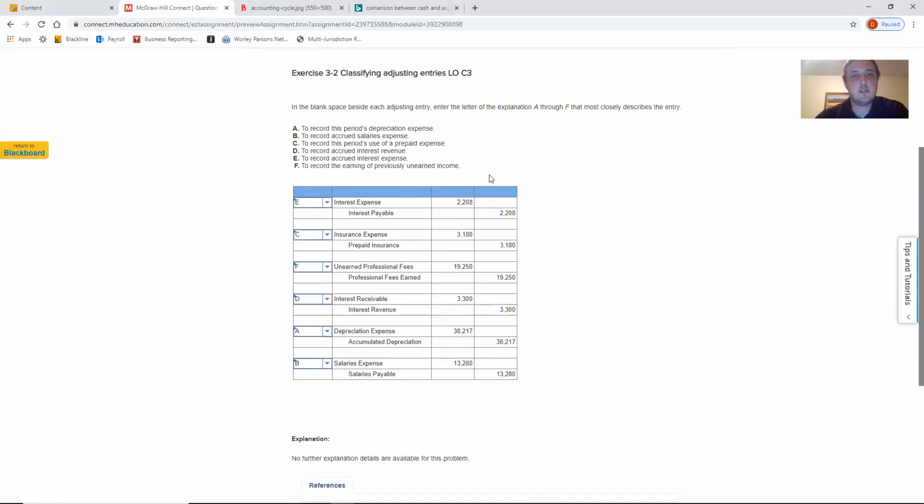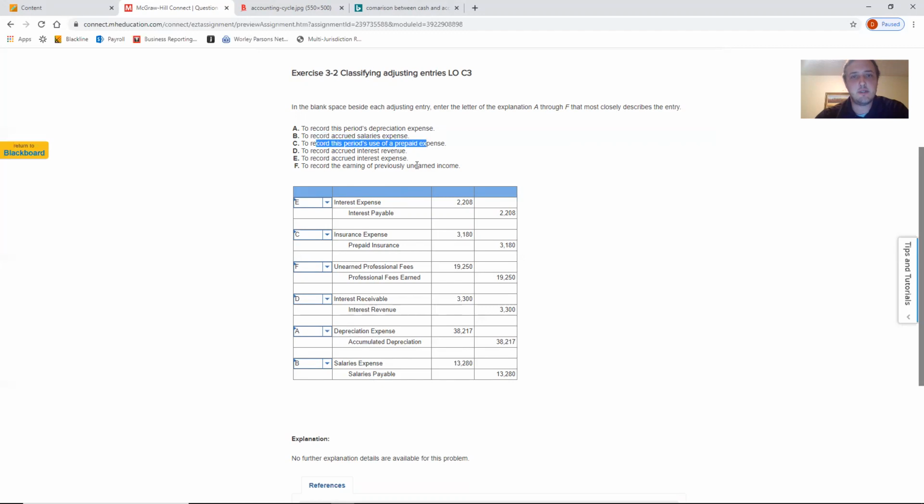And repetition. So we're matching these up. So to record depreciation, we're looking for the one that has depreciation. And again, we just want to check it: increase the expense, increase the contra asset, credit, yep, A. Salaries expense, we're looking for salaries expense, increase the salaries expense, increase the liability, yep.